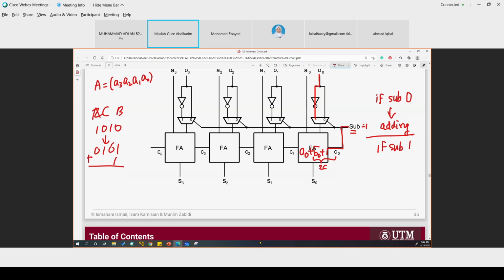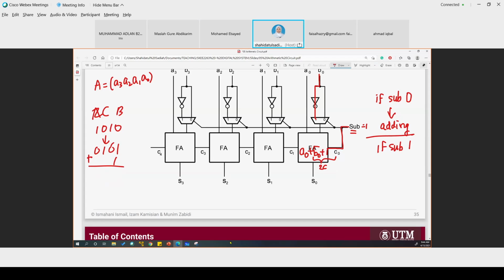So you put 0 as a sum, carry you'll have 1, and that 1 will be added to the next bit. But right now, if the first full adder is adding the first 2 bits, the first full adder will add bit A0 and B0, not the first 2 bits. But right now, A1 and B1, how do we subtract? Yeah, the next one.